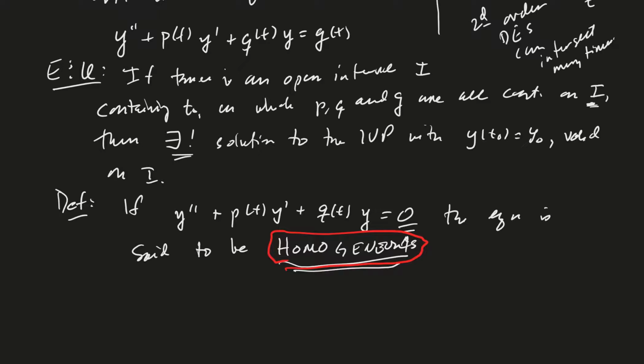So for us it's a little bit easier, so we will only refer to homogeneous equations having a 0 on the right hand side. By the way, this is called the forcing function g of t. This is our forcing function in our modeling. So in this case, our forcing function is 0. Good. And so homogeneous second order linear differential equations are the ones we're going to be working with.